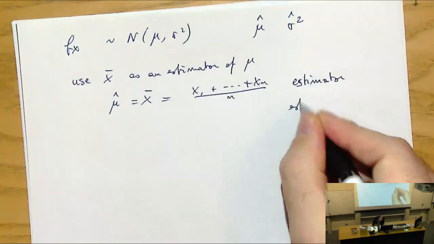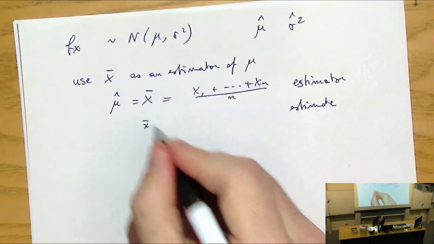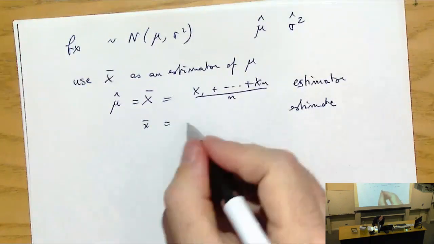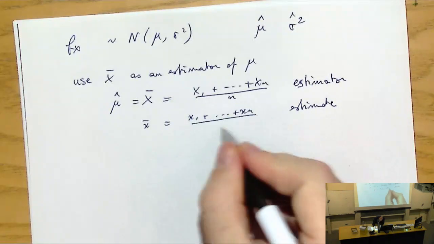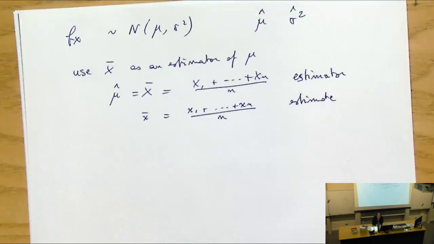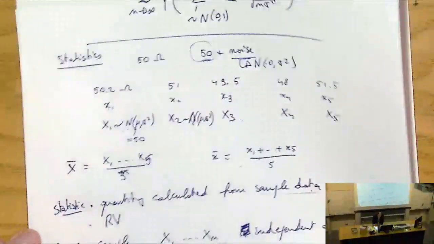What will be the estimate? My estimate will be the value of x bar when I use the data that I have collected, x1 all the way to xn. In terms of probability, those are just random variables, quantities that are functions of the underlying random variables in your random sample.